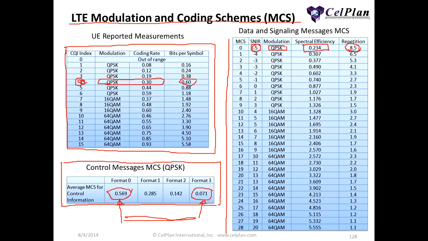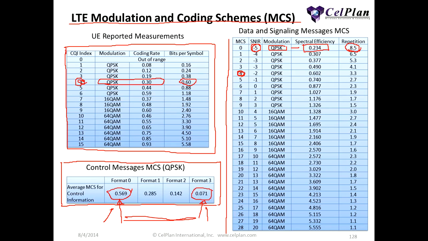Not Rayleigh channel. Rayleigh channel is much more. Okay, this is Gaussian channel. So now let's compare 0.234 to 0.071. So here MCS 0 sends 0.2 bits per symbol, while here we are sending 0.071. Even in the best case, we are sending 0.569.